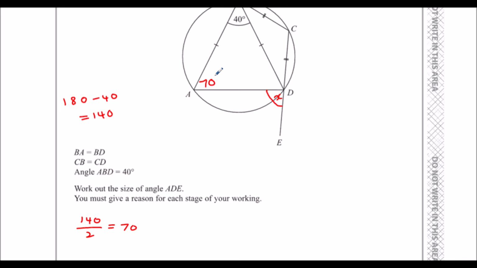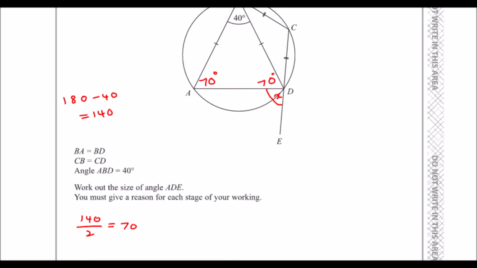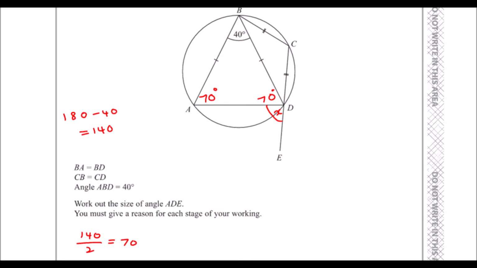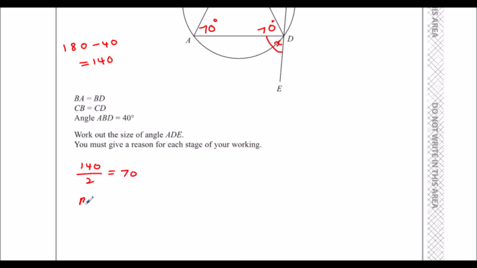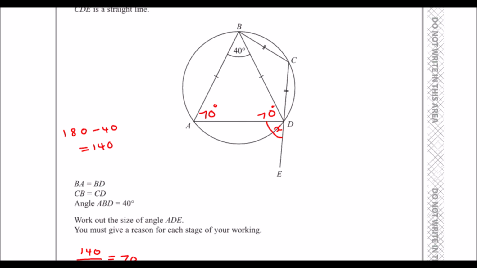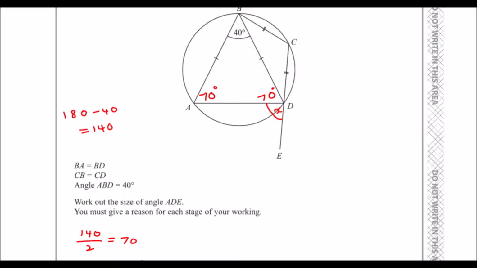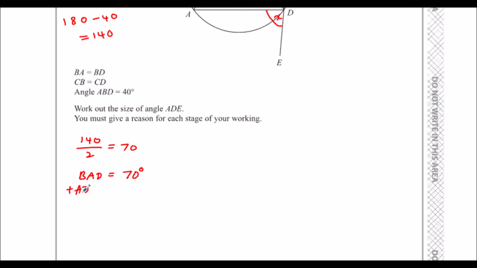So we've got two 70-degree angles here. So let's say BAD is 70 degrees, and ADB, because angles at the base of an isosceles triangle are equal.